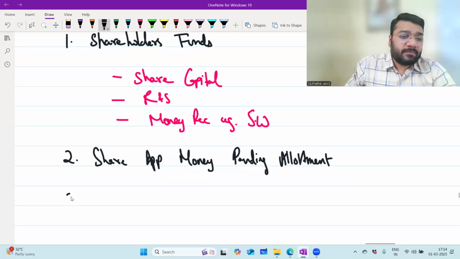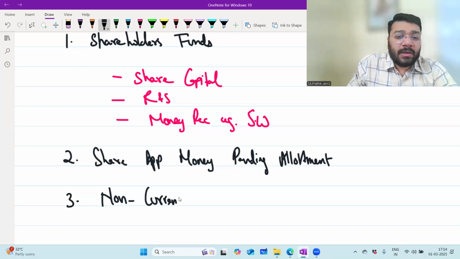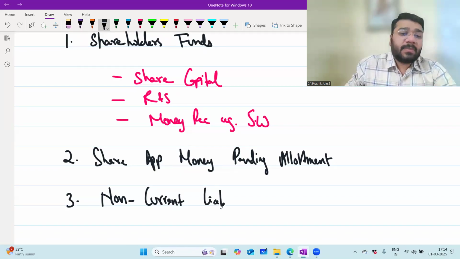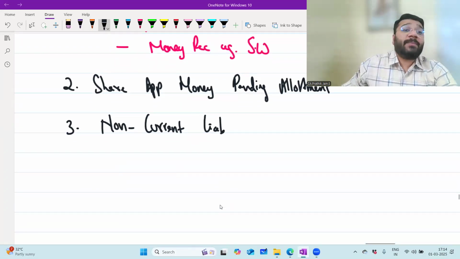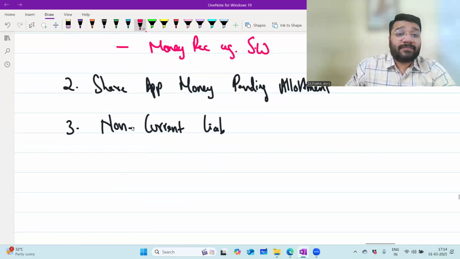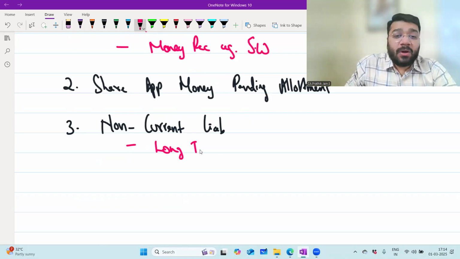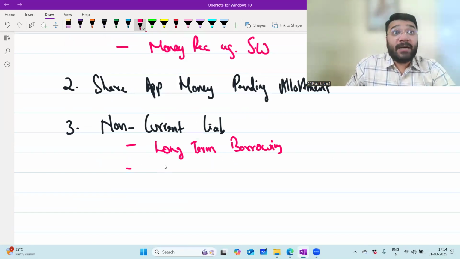Okay. Third one. Non-current liabilities. Under non-current liabilities, how many sub-classifications? Four. First one being long-term borrowings.